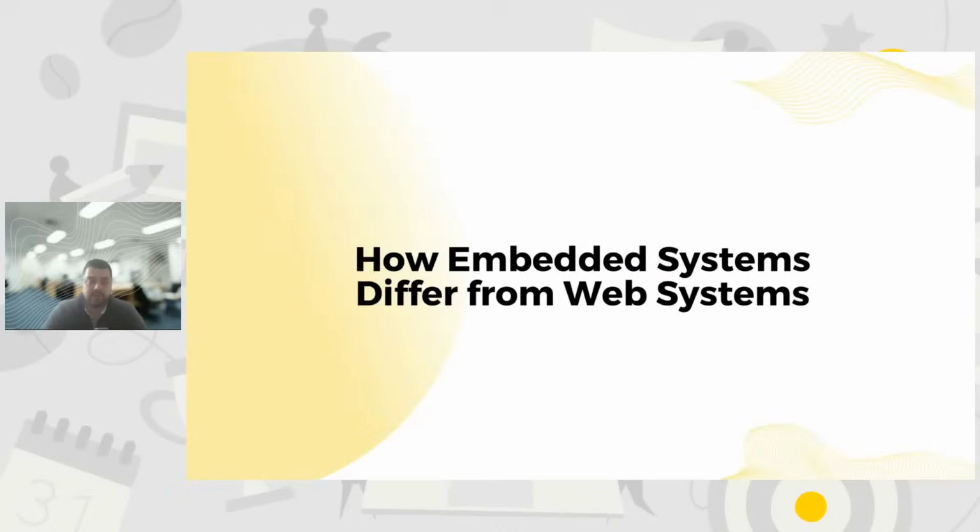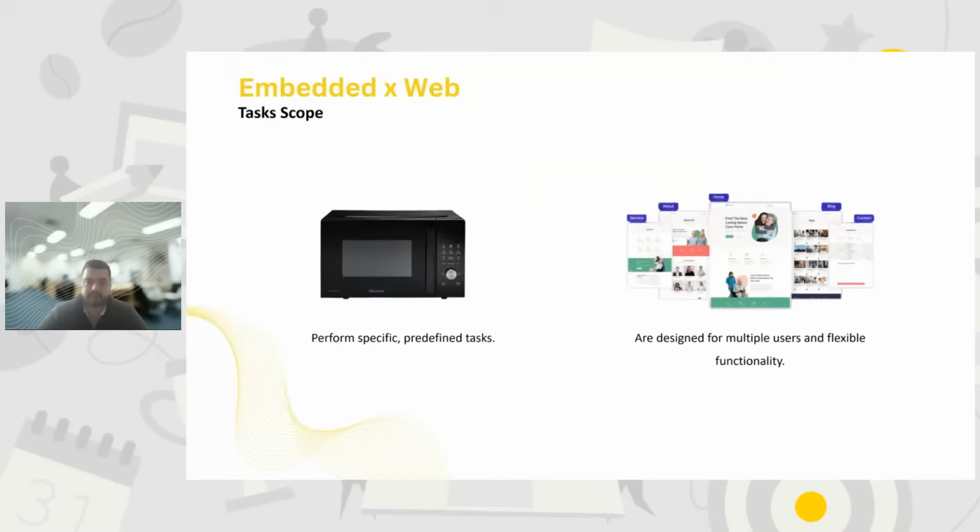So now let's start presenting the differences between embedded systems and web systems. We will compare, and in the slides we will go through the differences point by point. So, first of all, task scope.